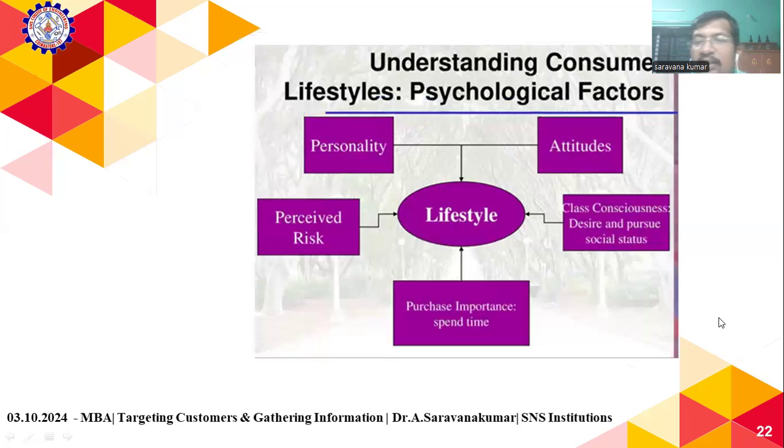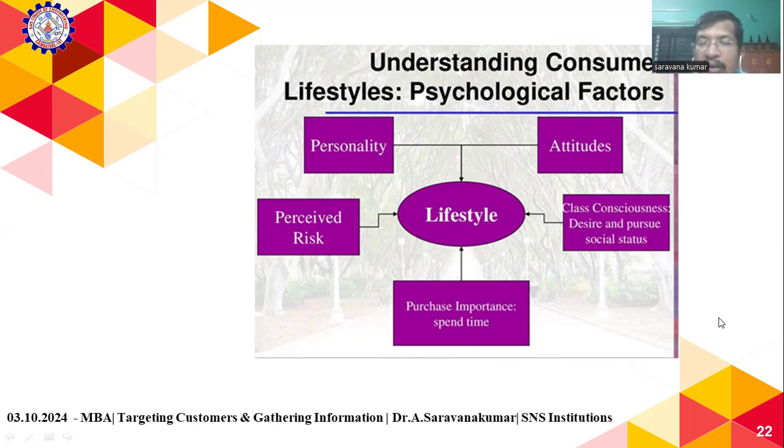Last, finally, psychological factors. Understanding the consumer lifestyle and psychological factors in the sense of personality, attitude, class consciousness, desire and pursuing social status, purchase importance and spend time, perceived risk. Personality is very important for the psychological factors, because if you're purchasing any product, somebody purchases luxurious items to maintain their personality and status. Same with attitude.